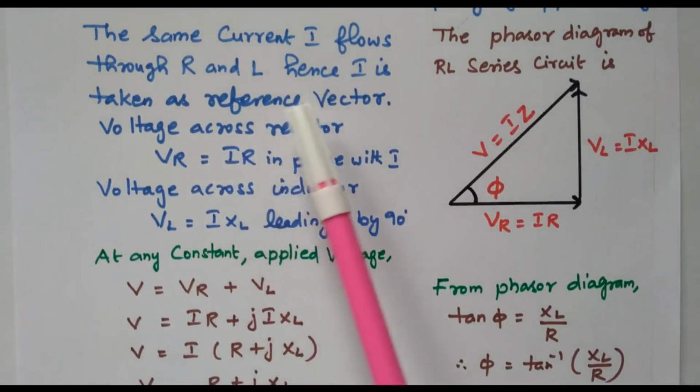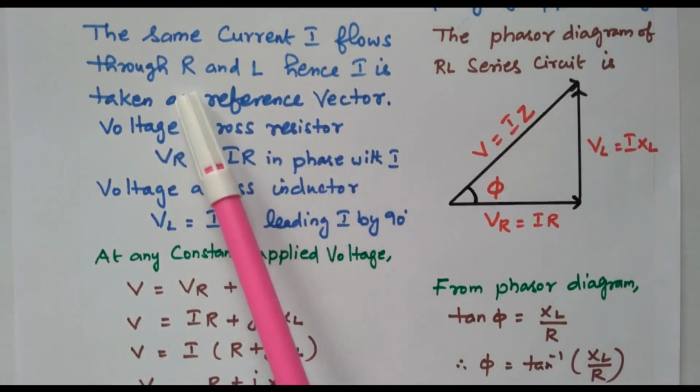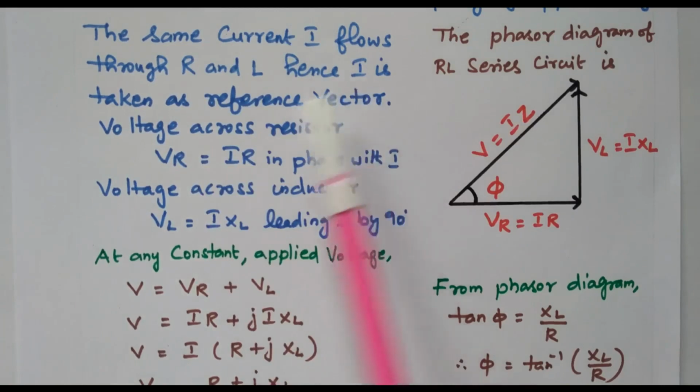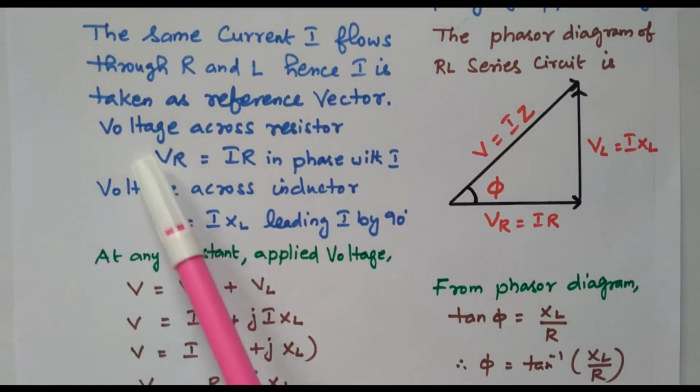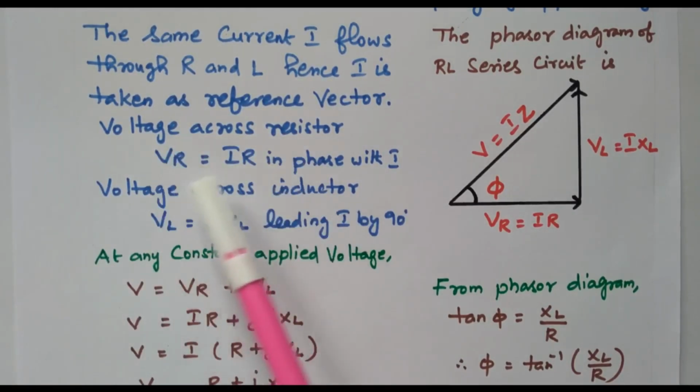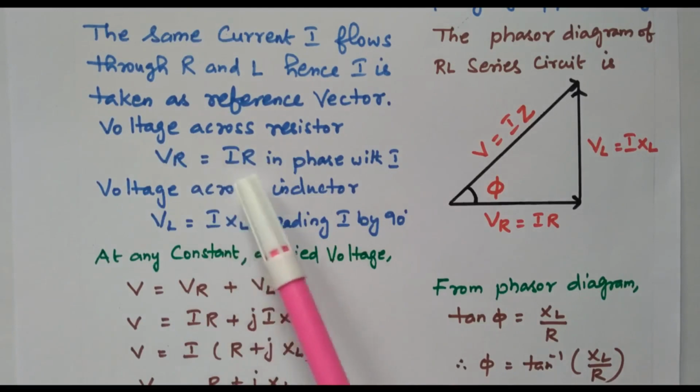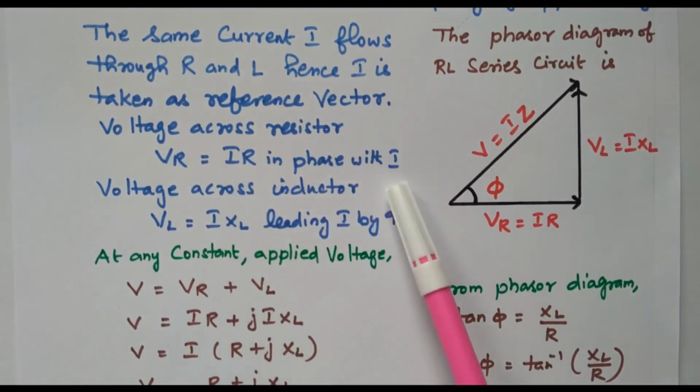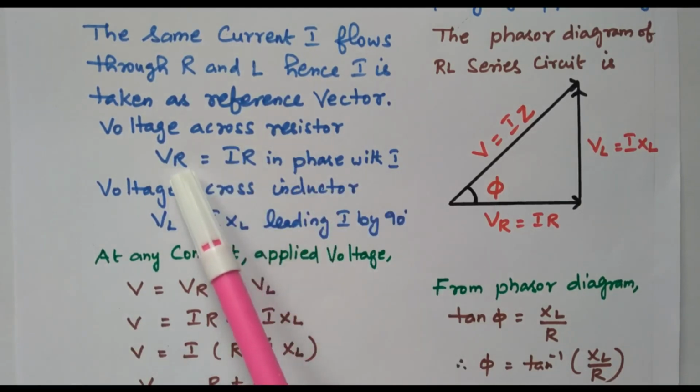The same current I is flowing through the resistor as well as the inductor, so we can take current as the reference vector. Based on that, the voltage across the resistor VR equals I into R. That is in phase with the current, because in a resistor the current and voltage are always in phase.